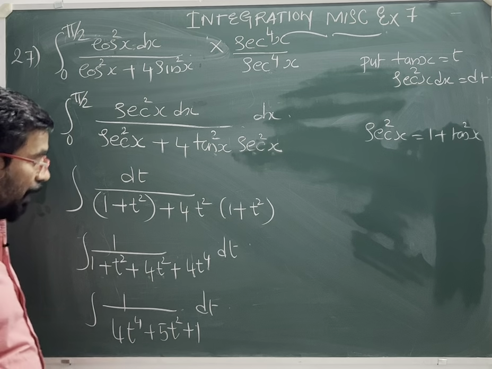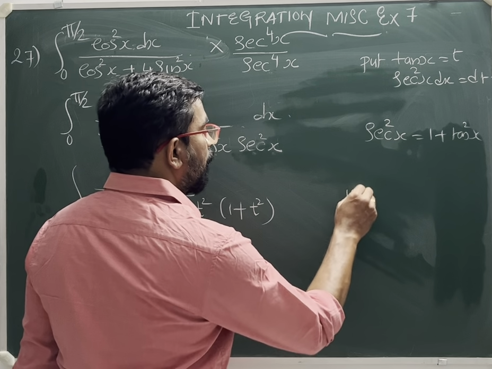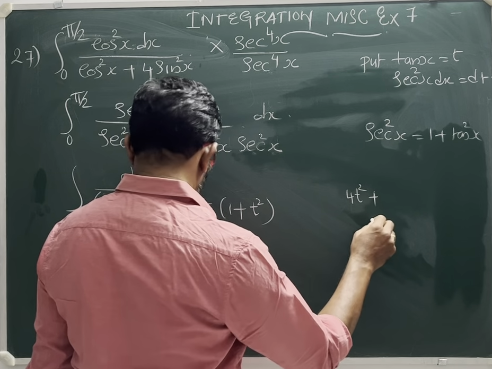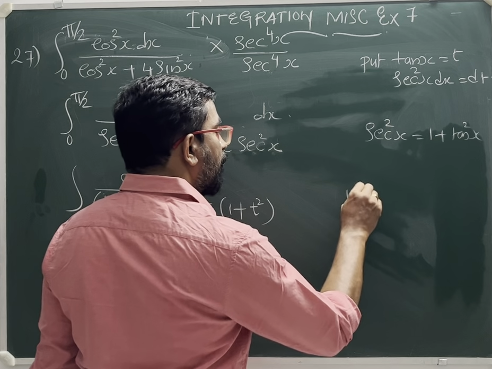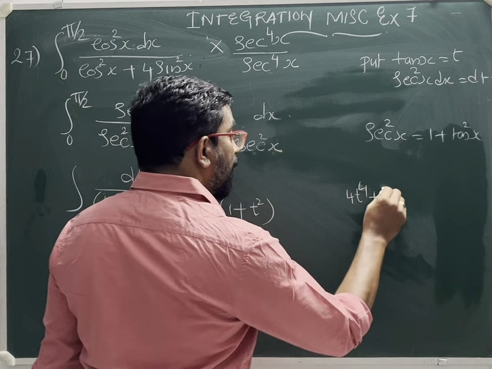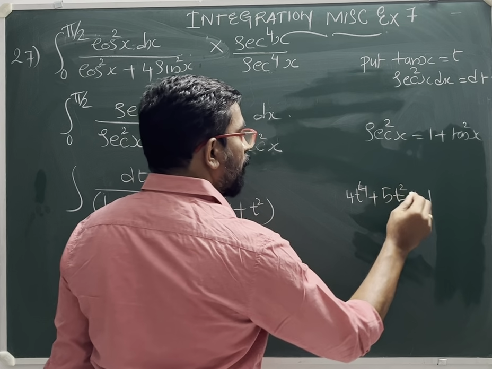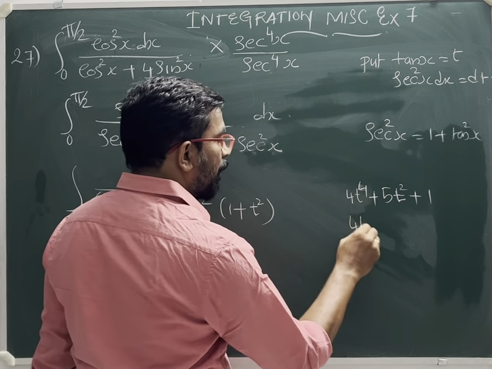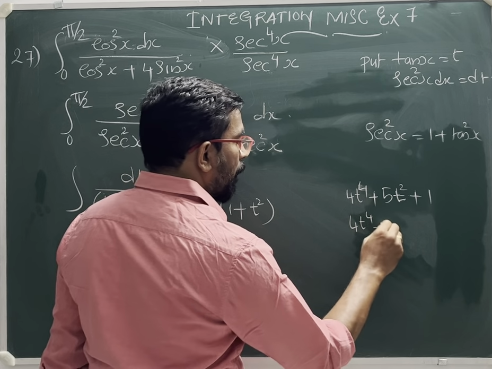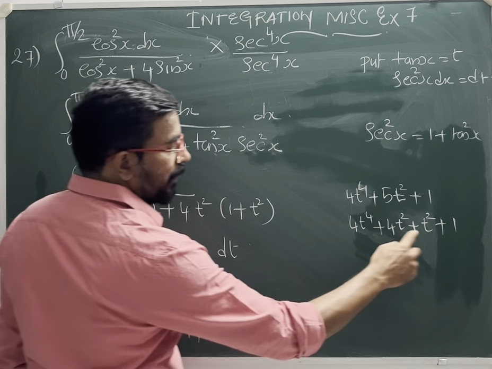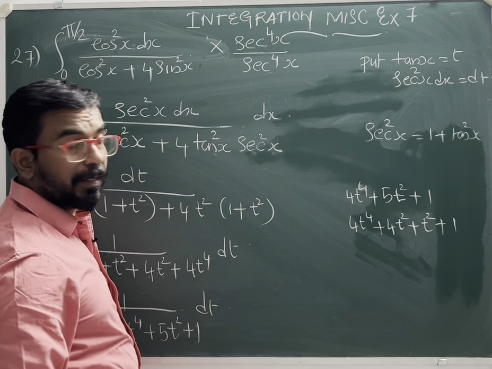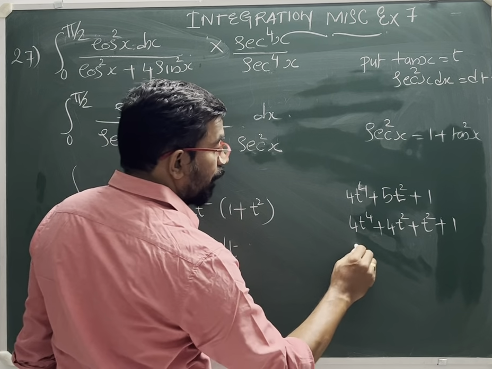So I will show that. What I will write is 4t power 4 and 5t square plus 1. This I am going to write as 4t power 4 plus 4t square plus t square plus 1. I split it; you know that technique. So you take 4t square as a common factor from the first two terms.